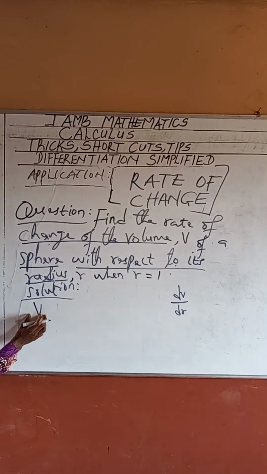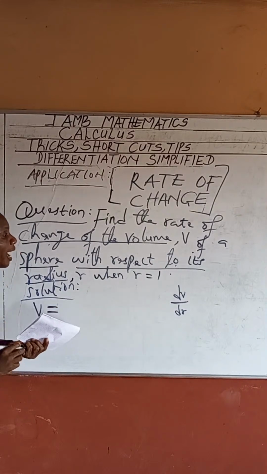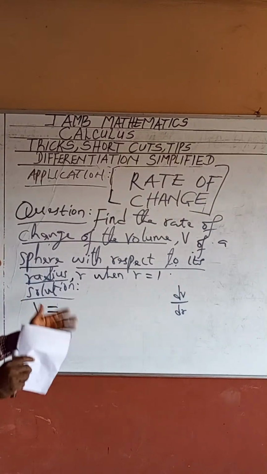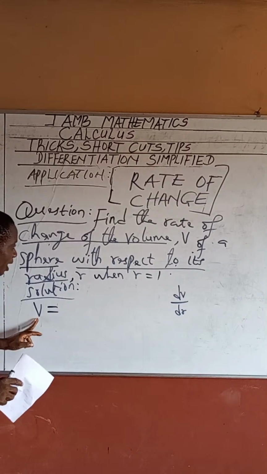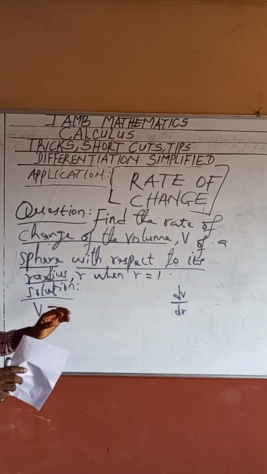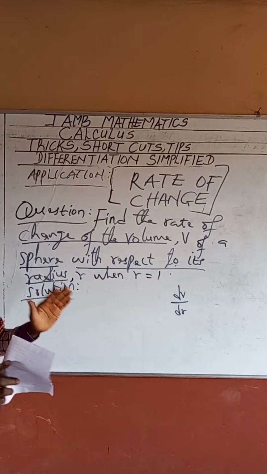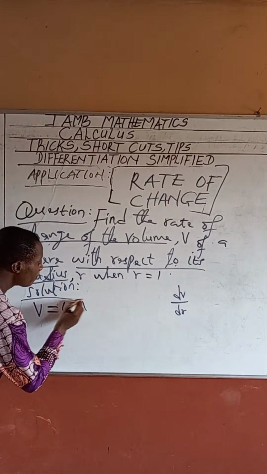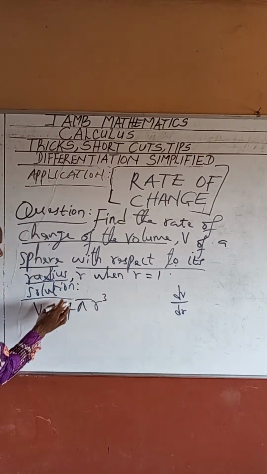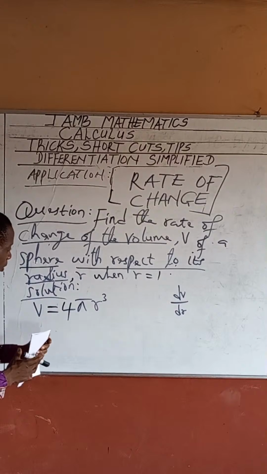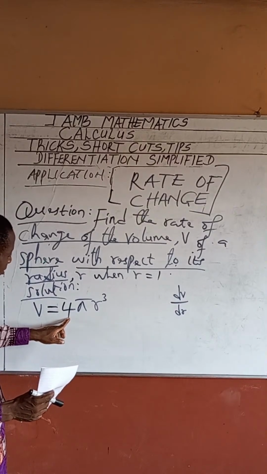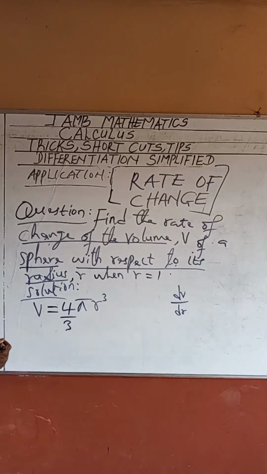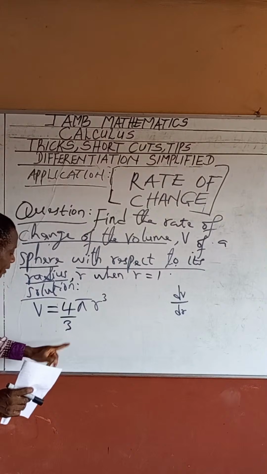When we know our V, you must go and learn the volume of solid shapes. What is the formula for the volume of a sphere? You must know it. A hemisphere is half of a sphere. So for a sphere, the volume is 4πr³ over 3.